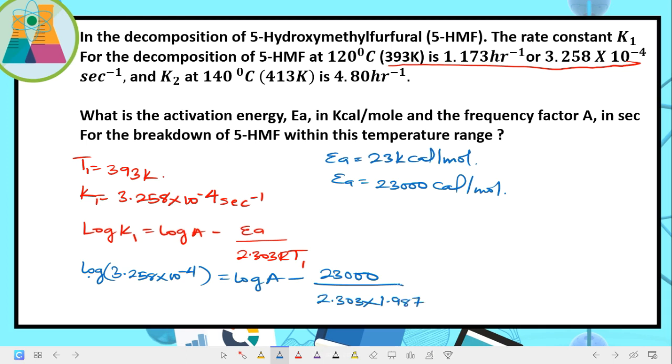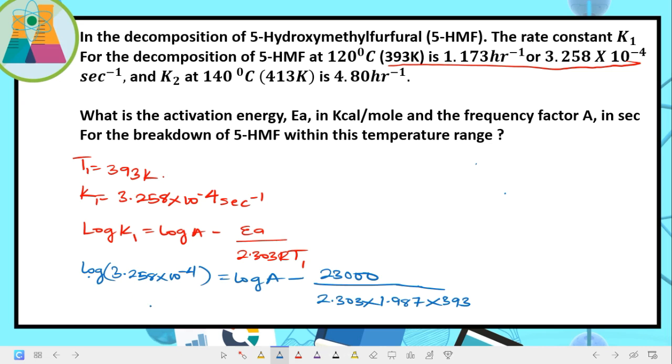Now if you were given in atmosphere, use another value. Times the temperature in Kelvin, which is 393. So what are we now going to have as our answer if we simplify? Let's first of all find the logarithm of this.